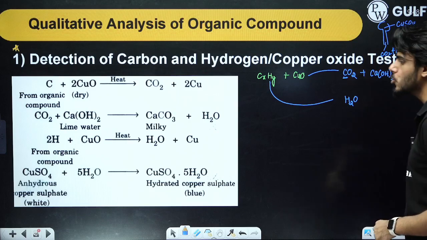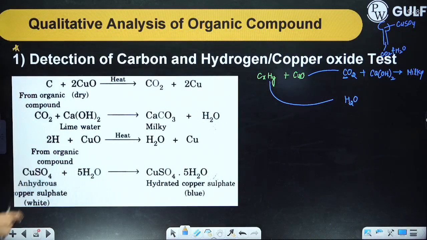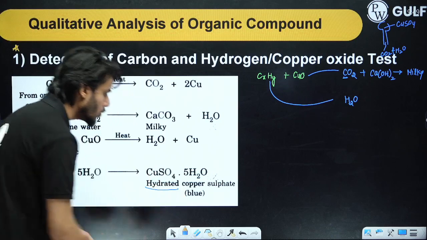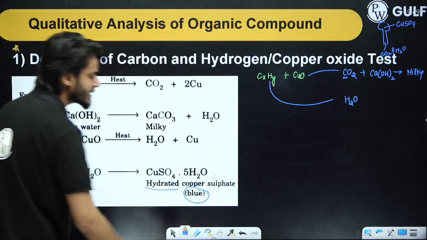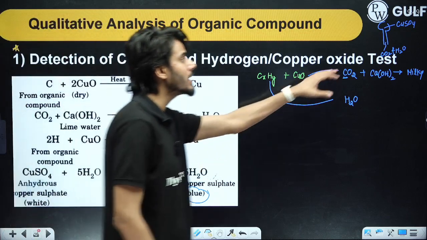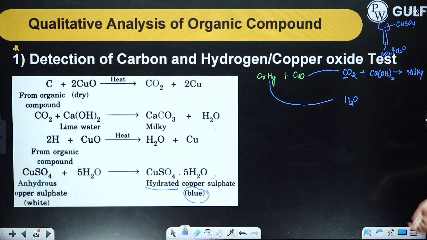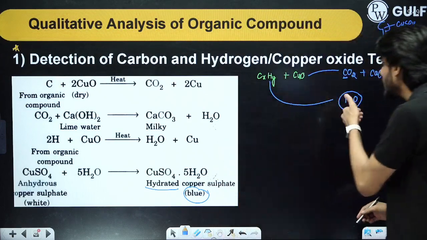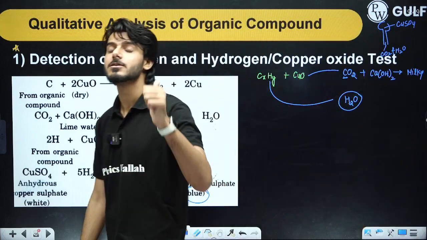As soon as this copper sulfate gets hydrated because of the production of water, it will be converted into the hydrated form, and we know that hydrated copper sulfate has a blue color, which is a characteristic here. If we get the blue color in this bulb, we can identify that we have water here, and along with the carbon dioxide, we can identify that this organic compound contains carbon and hydrogen.